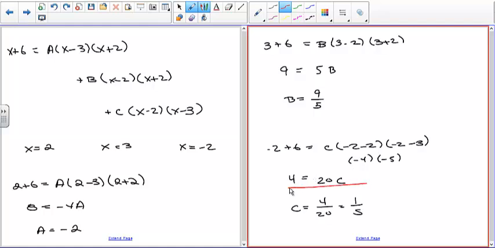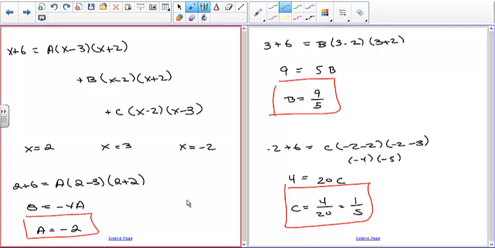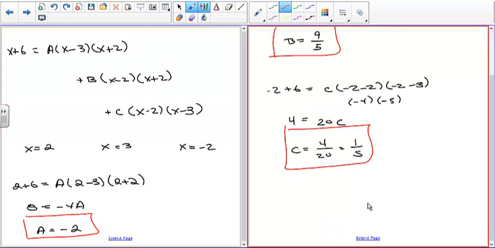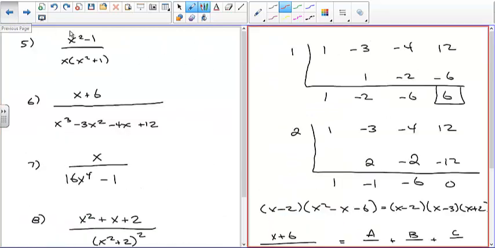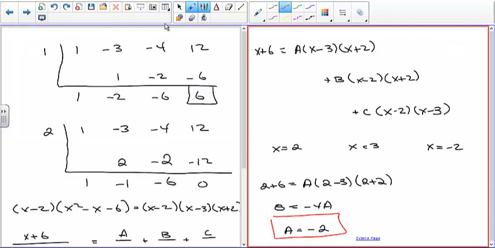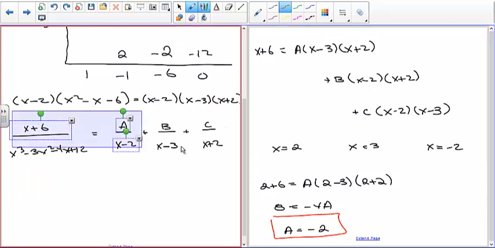So those are my 3 values, and then you can plug those in to the original expression that we used to do this whole thing, which was, where was it? Oh, somewhere here. There it is. That's what we're looking for.